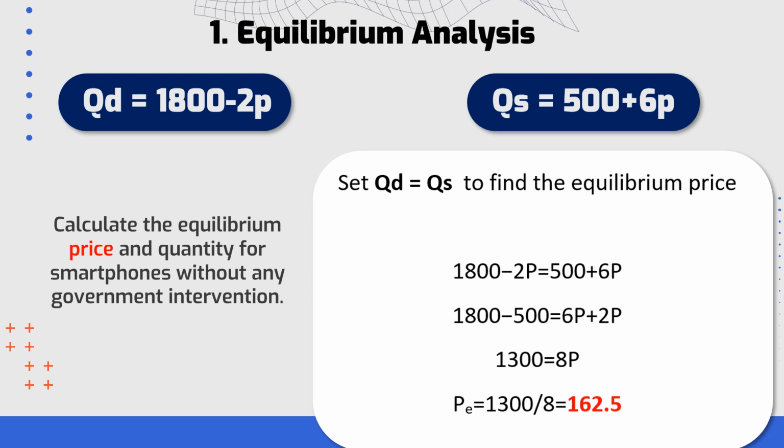So by dividing 1300 by 8, we receive the equilibrium price of $162.50. So the equilibrium price is $162.50.